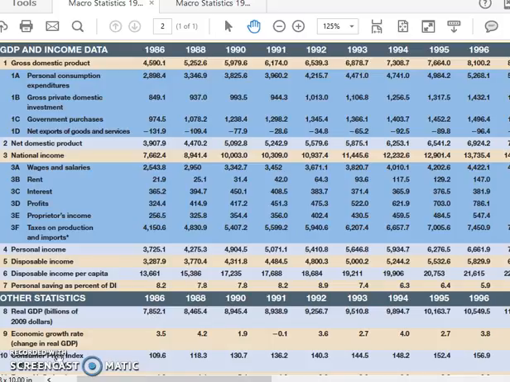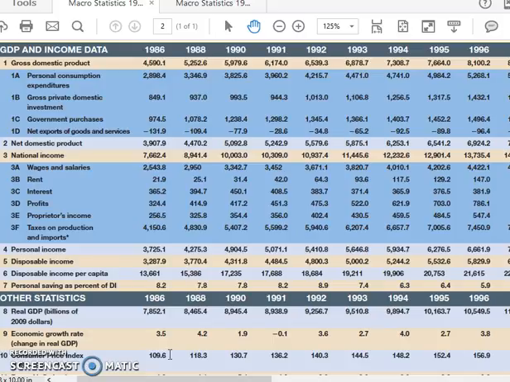consumer price index. So let's just look at that very quickly and say, what does this consumer price index mean? First of all, it has a base year or base years of 1982 to 1984 equals 100. Remember, the base year is always 100 for a price index. And so in 1986, the price index was 109.6. What does that mean?